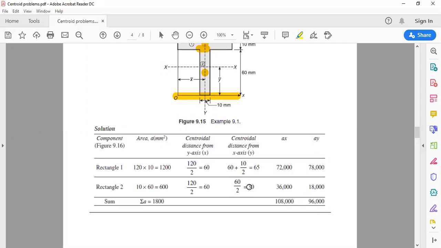Thereby you calculate ax, that is area into x bar, 600 into 60, which is 36,000. Next you have area into y bar, that is 600 into 30, which will give you ay.